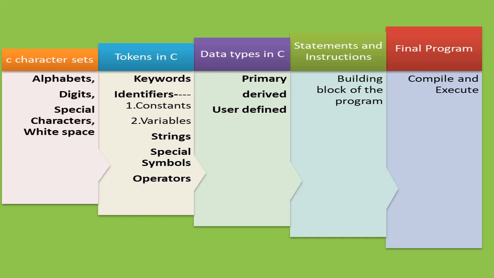So what is identifier? Identifiers are those which are not keyword. It is subdivided into two parts, constants and variable. You will find details about identifiers in the upcoming videos.